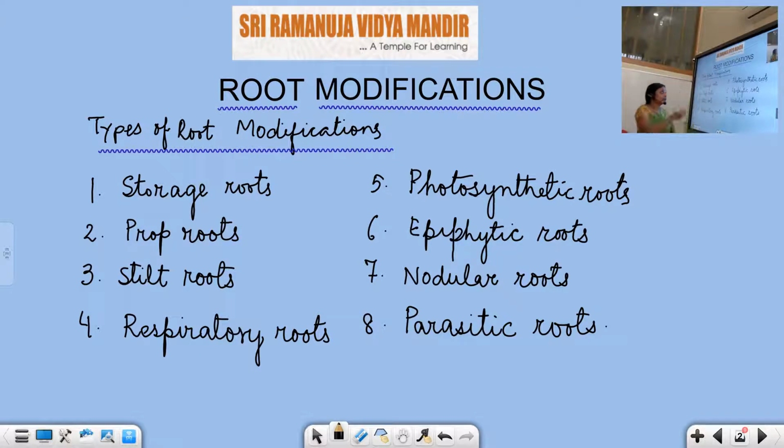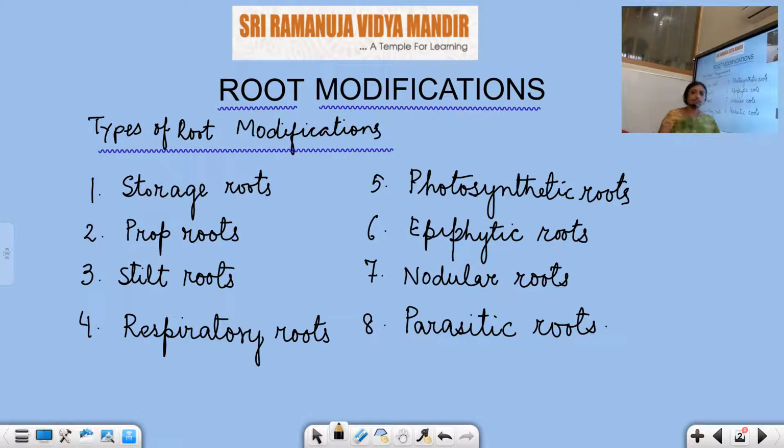So when a root is modified, it is structurally modifying to perform new functions suitable to the environment. We know that the root has three functions. First, it fixes the plant to the soil.